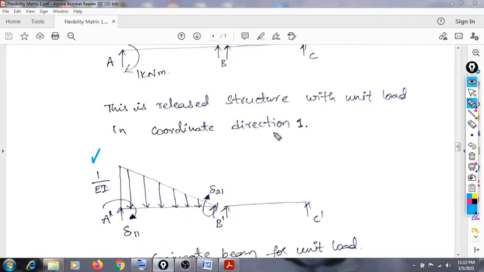That means here in the matrix we are going to write accordingly. Okay, delta 11 and delta 21. This is delta 11 and this is delta 12, and this is delta 22. So these two values we are going to write in the matrix.